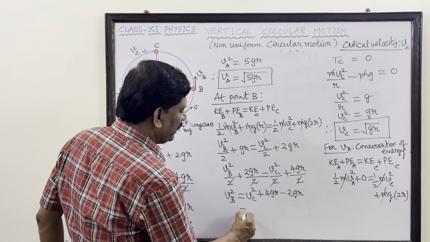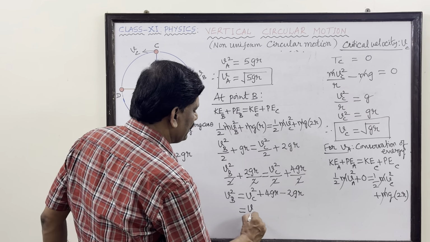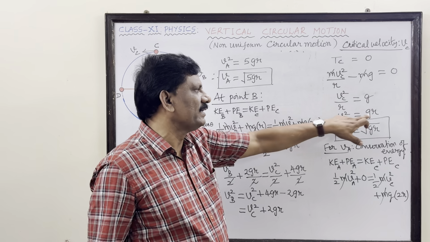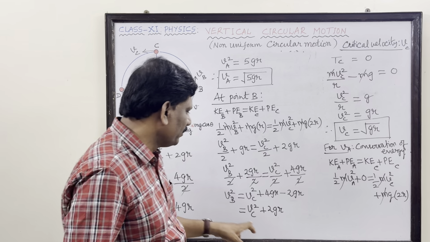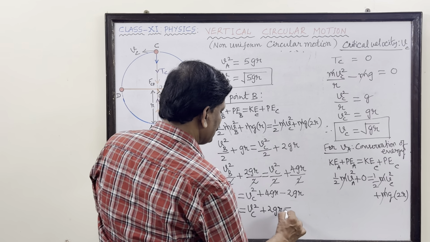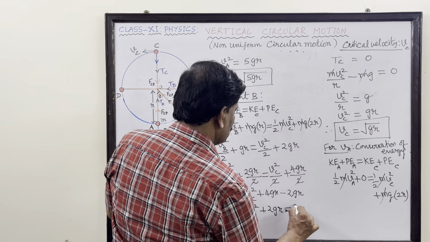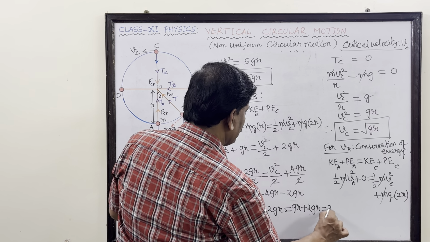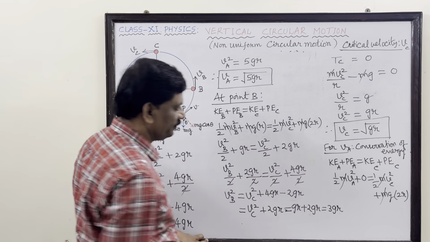So this is now equal to VC square plus 4 minus 2 is what? 2GR. Now once again, VC square is equal to GR. So I am going to substitute here. So this is equal to GR plus 2GR. So this is equal to 3GR.